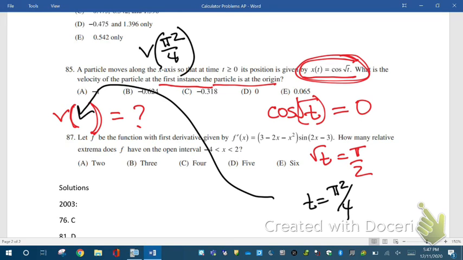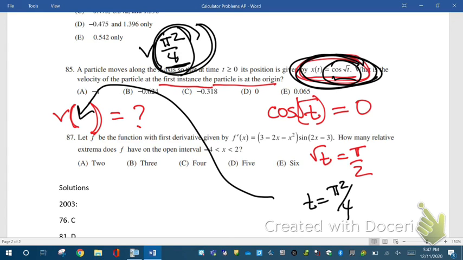Well, now you could still do this by hand up to a point. You could find the velocity equation by doing this derivative, but this is a calculator problem, and we're doing the derivative at a point. So you can just do nDeriv of this evaluated at this point. Okay, so I'm going to do the derivative of this, evaluated at pi squared over 4.